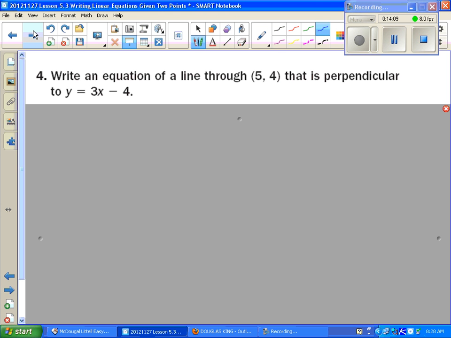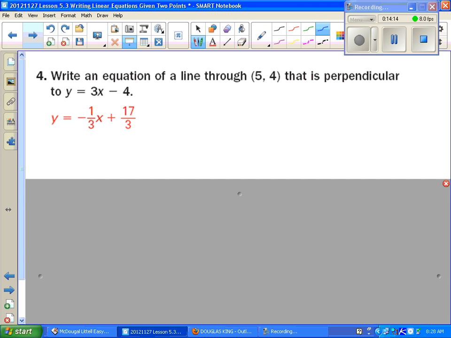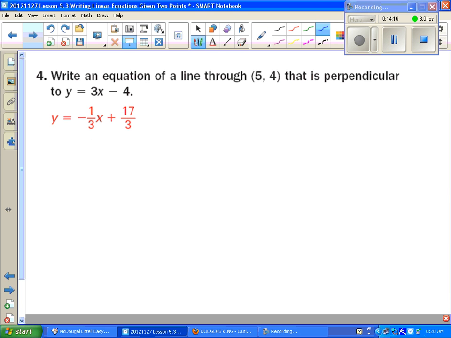Then it says write an equation of a line that's perpendicular to these. It's the same steps that we just did. Exact same steps, except what you need to do is take that slope, m, which is 3. M's value is 3. Everything's over 1. If it's perpendicular, you need to flip that slope and change its sign.